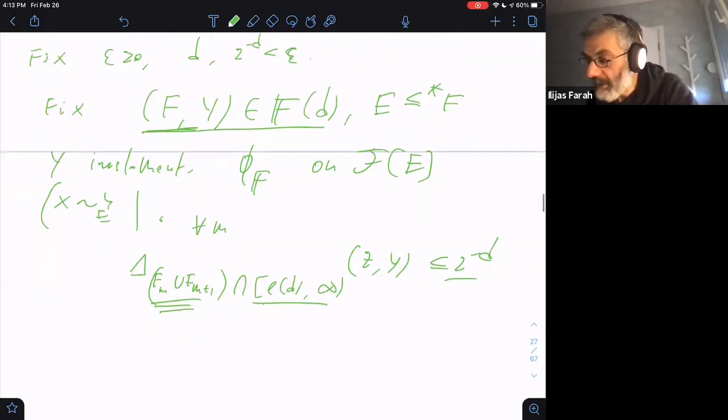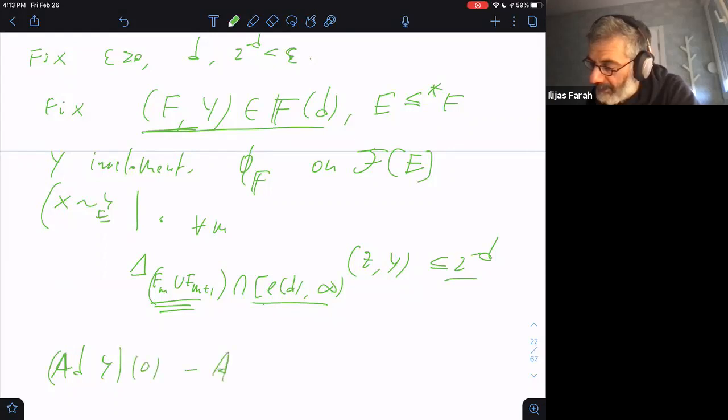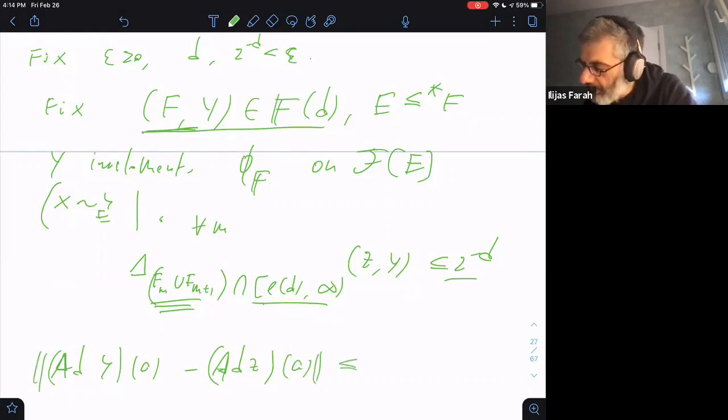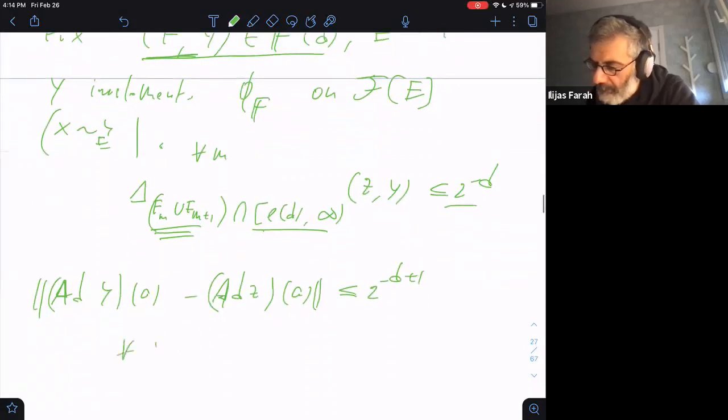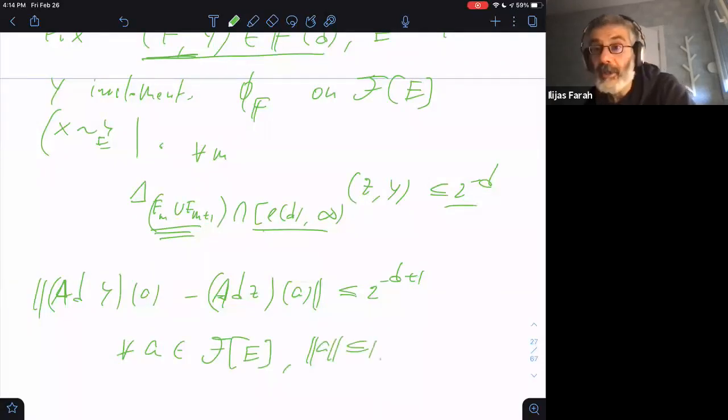But now what this means is the conjugation by y and conjugation by z, this difference is bounded by 2 to minus d plus 1 for all a in F of E of norm at most 1.